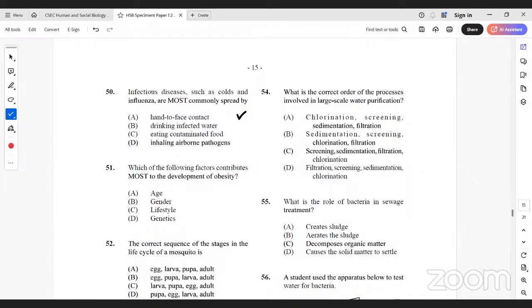You are just there breathing it in. So yes, inhaling their aerosolized particles, inhaling their little droplets of spit that come out when the person sneezes. I hope everyone sees that clear.